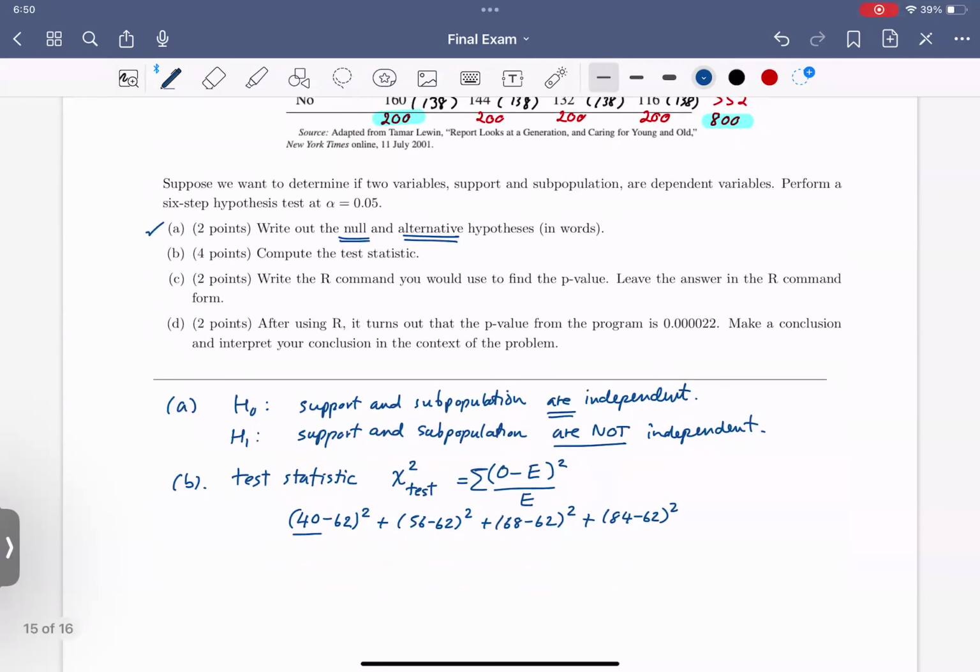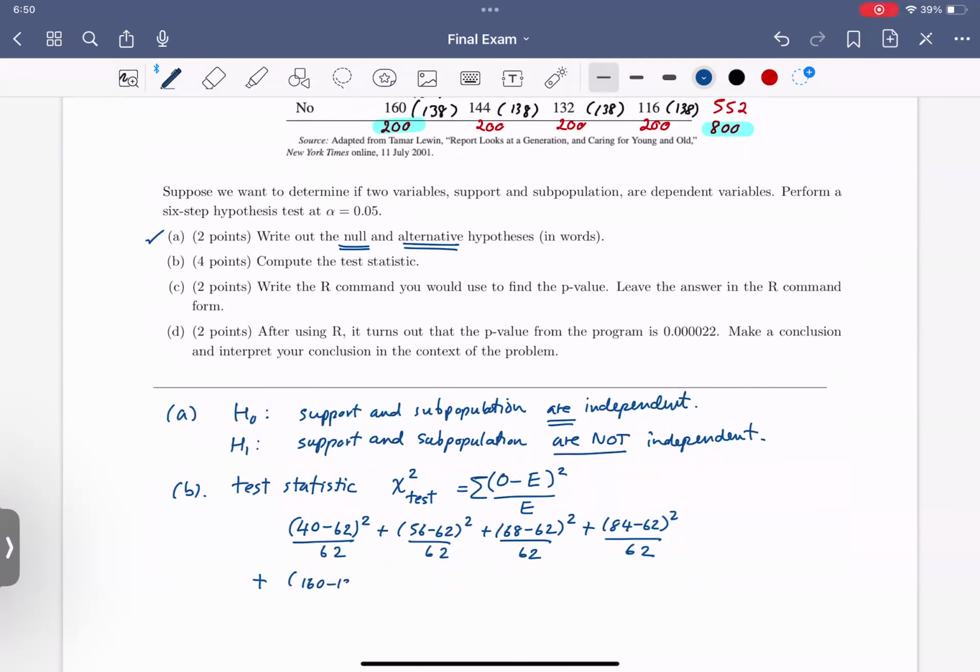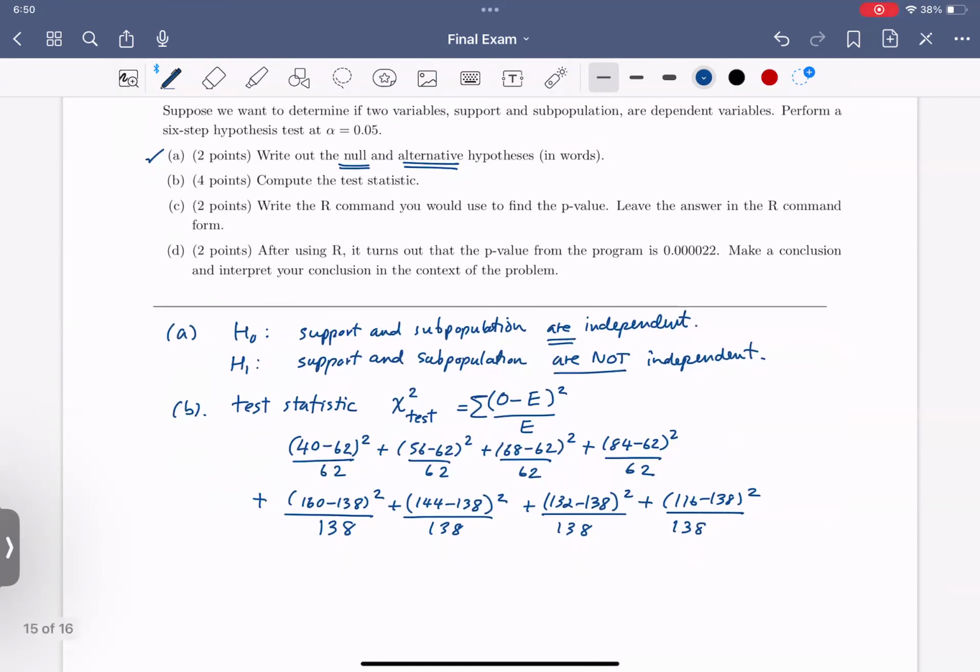All of this is the first four terms, all divided by 62, which you can write with a common denominator if you want, and then add the second row: 160 minus 138 squared, plus 144 minus 138 squared, plus 132 minus 138 squared, plus 116 minus 138 squared, all divided by 138. If you hit the calculator, this is the chi-square test.